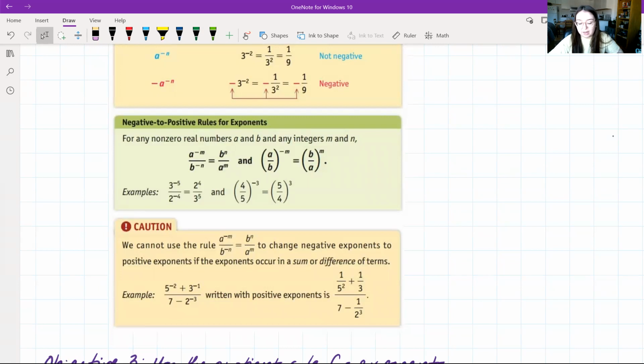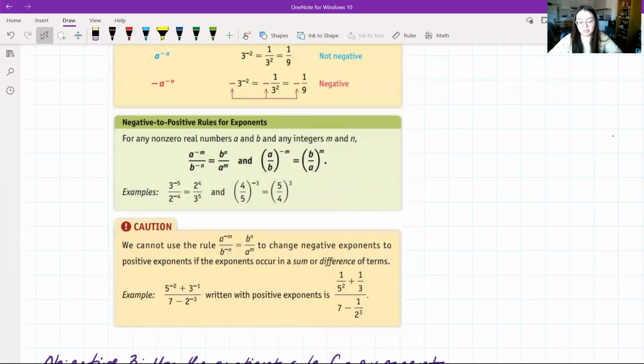And also, if we have a divided by b to the power of negative m, this is the same as saying b divided by a to the power of m. So even if your exponents are negative and not the same, you can still flip them. So if we had 2 to the negative 3 divided by 5 to the negative 2, we can also rewrite that as 5 to the positive 2 divided by 2 to the positive 3.